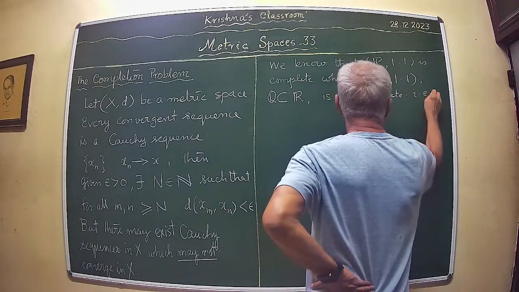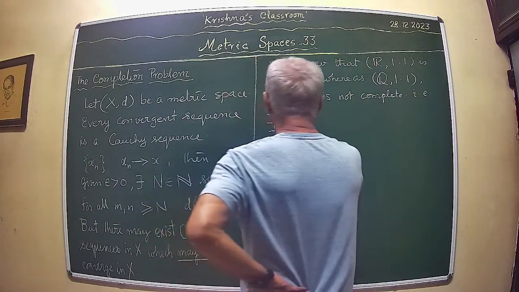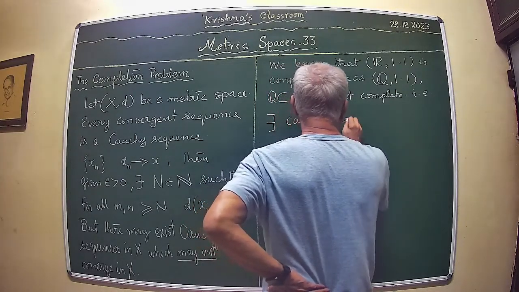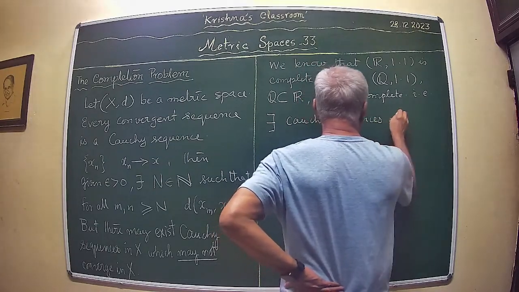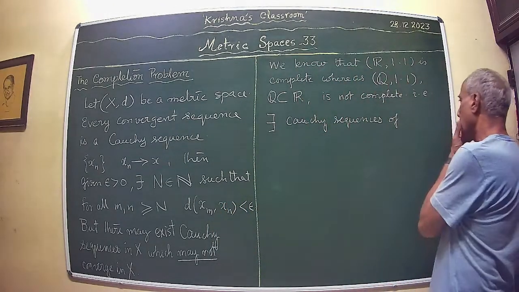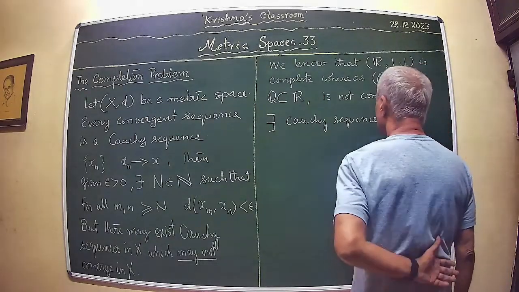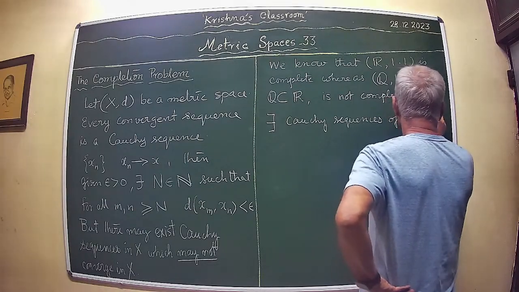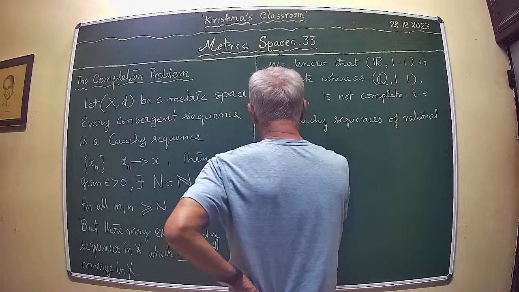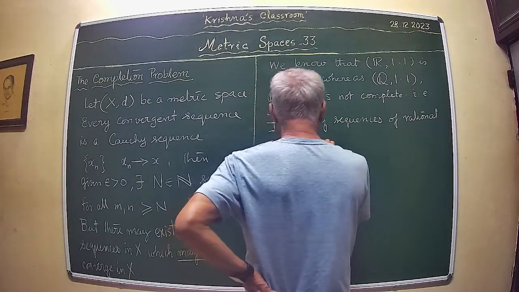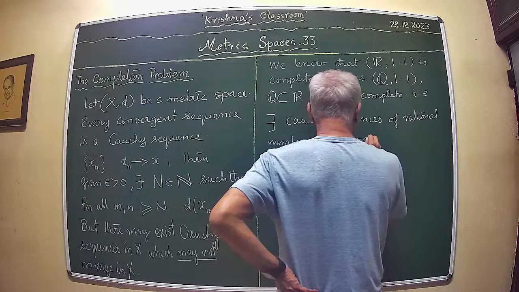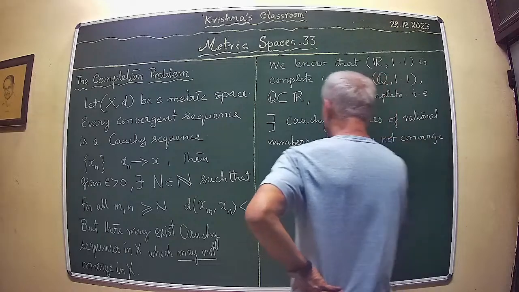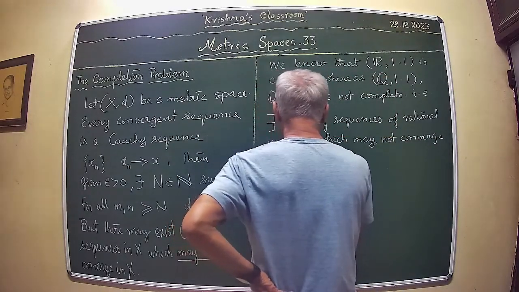That is, there exist Cauchy sequences of rationals which may not converge to a rational number.